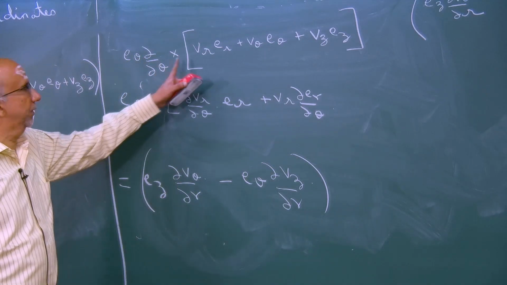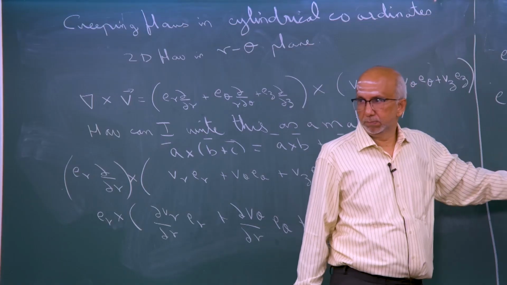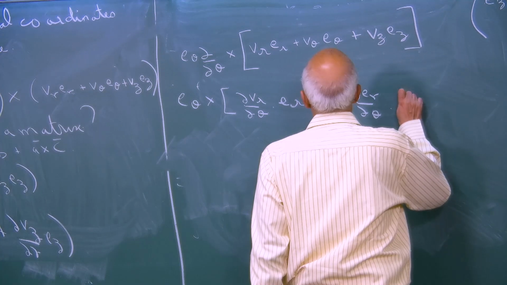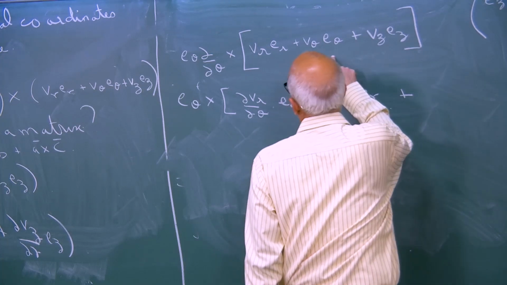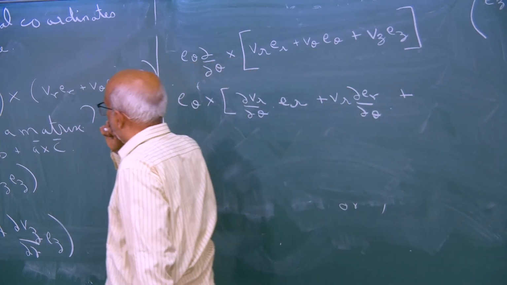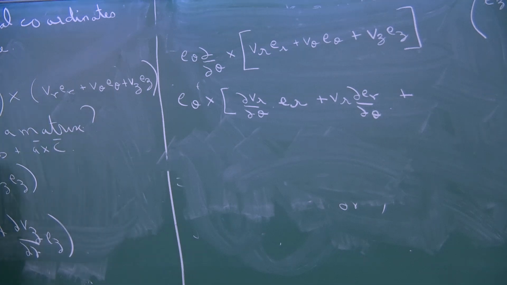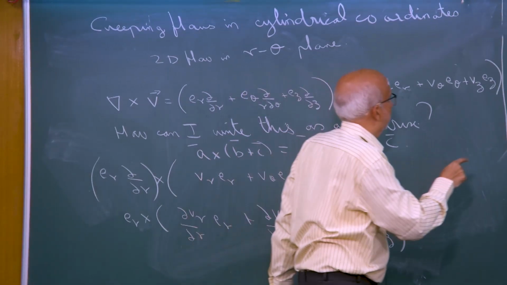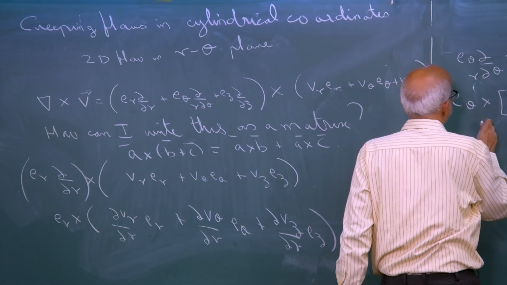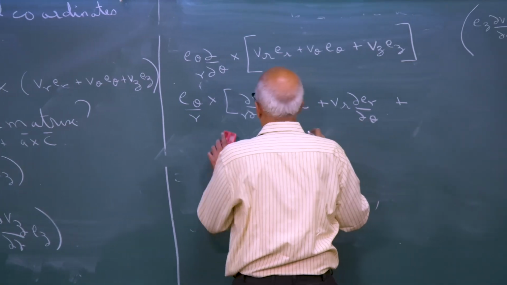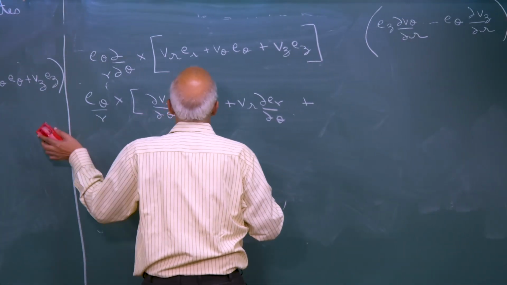I am just using the product rule, plus derivative with respect to theta. I think I missed an R here. This R is important. I keep the R outside.